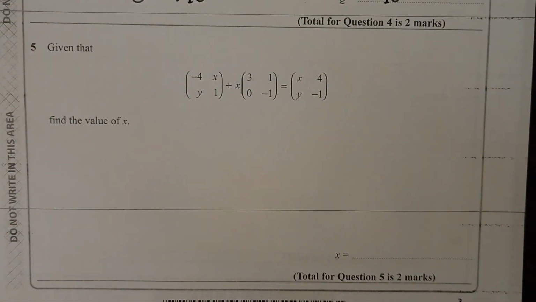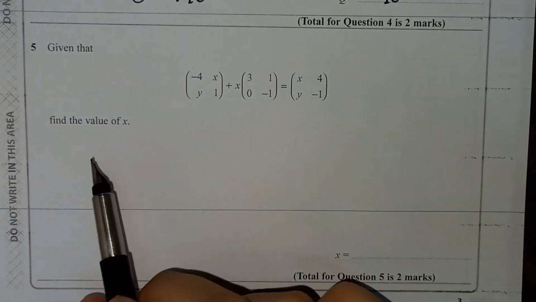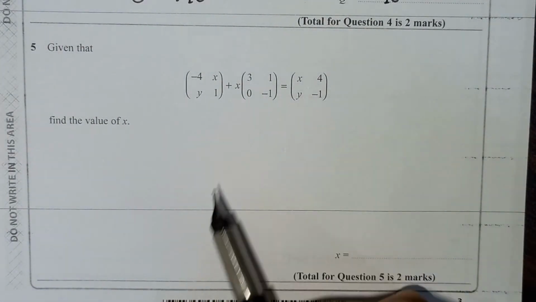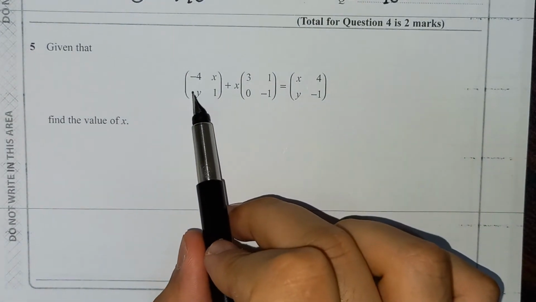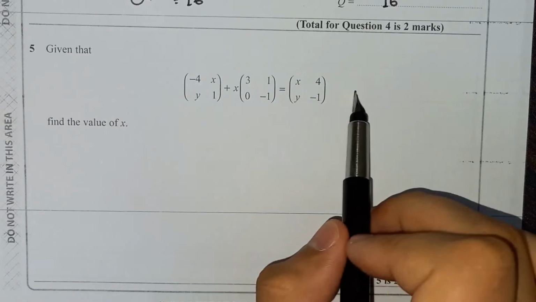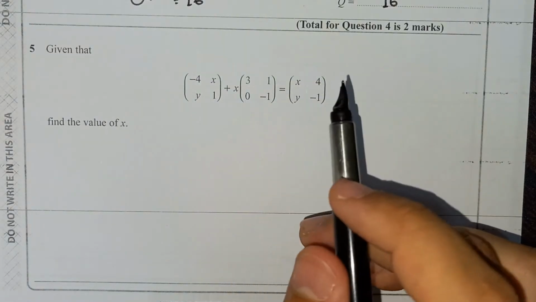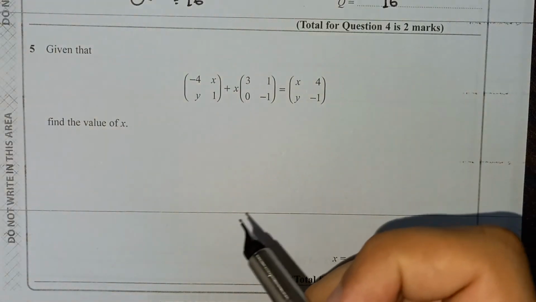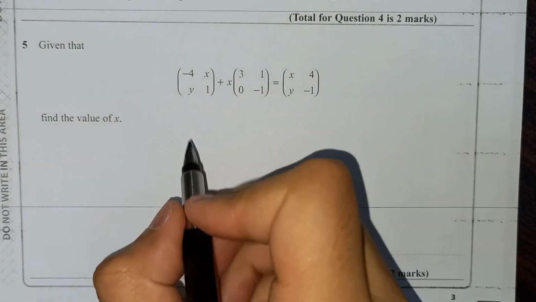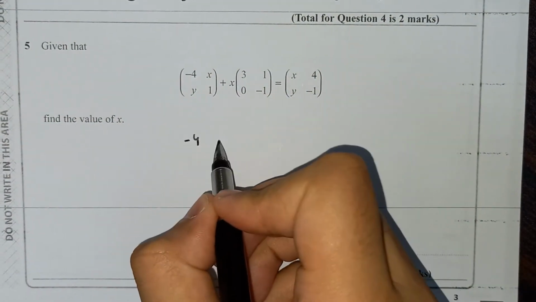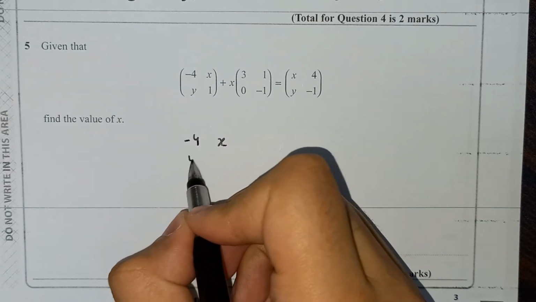Okay. Given that this is the matrix, find the value of x. Here, this is one tricky question. It might make you move this over there, subtract this part over here, and then take out the inverse, but that's an extremely hard method, so we're gonna go with the easier one. -4, x, y, 1.